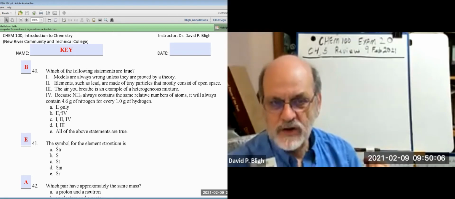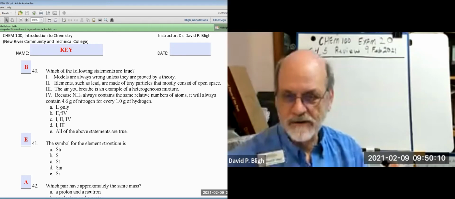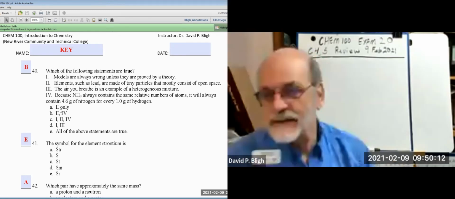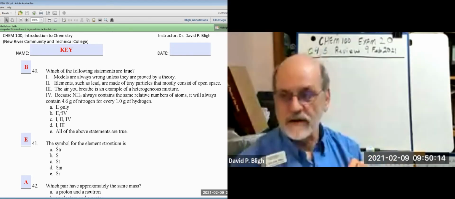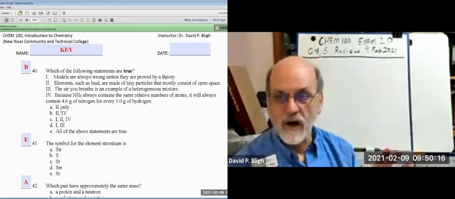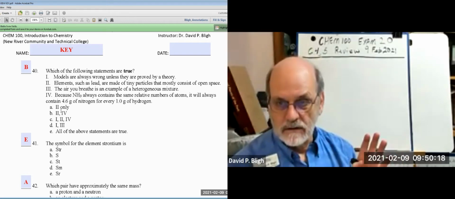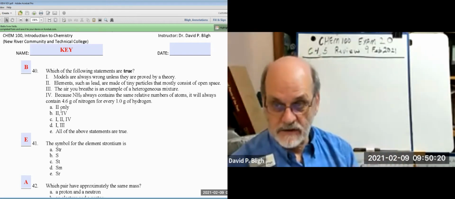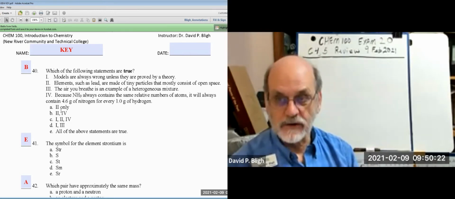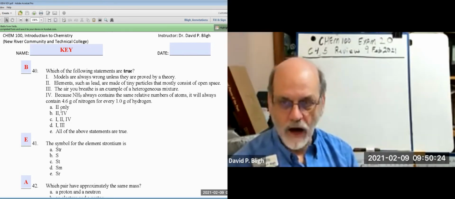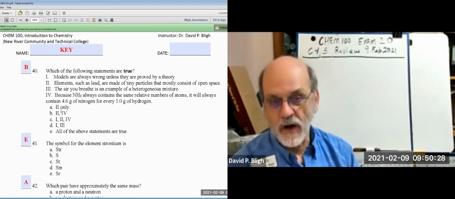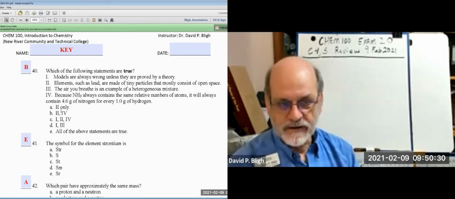The air you breathe is an example of a heterogeneous mixture? No, right? Any mixture of gases is homogeneous, always. That is, mixtures of gases form a solution, a homogeneous mixture every time. So 3 is false.